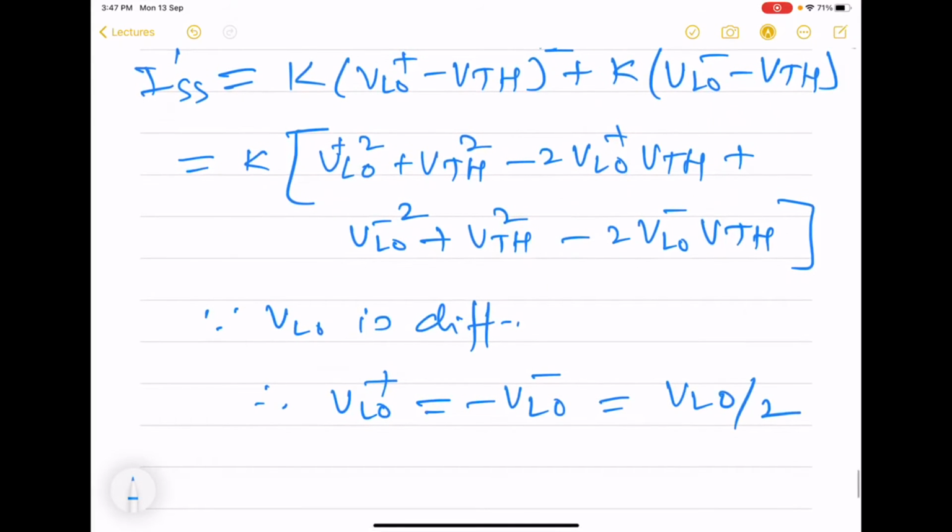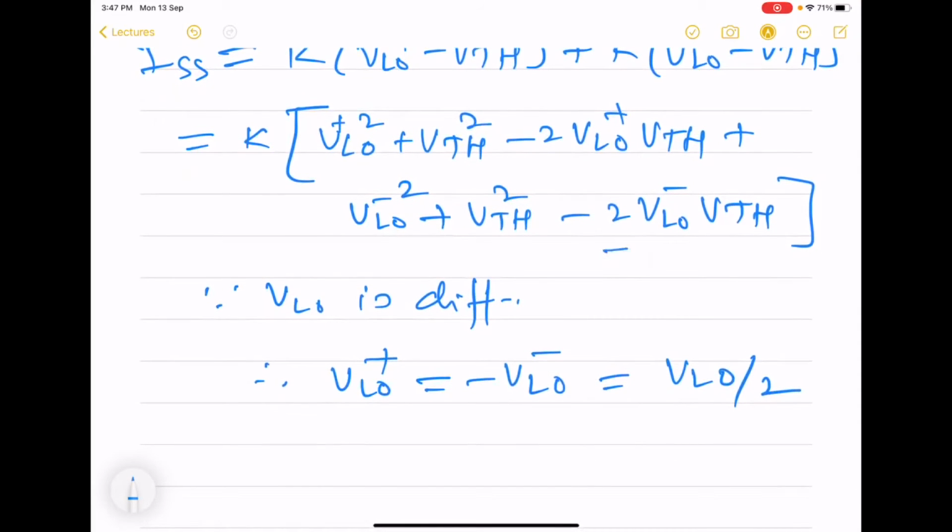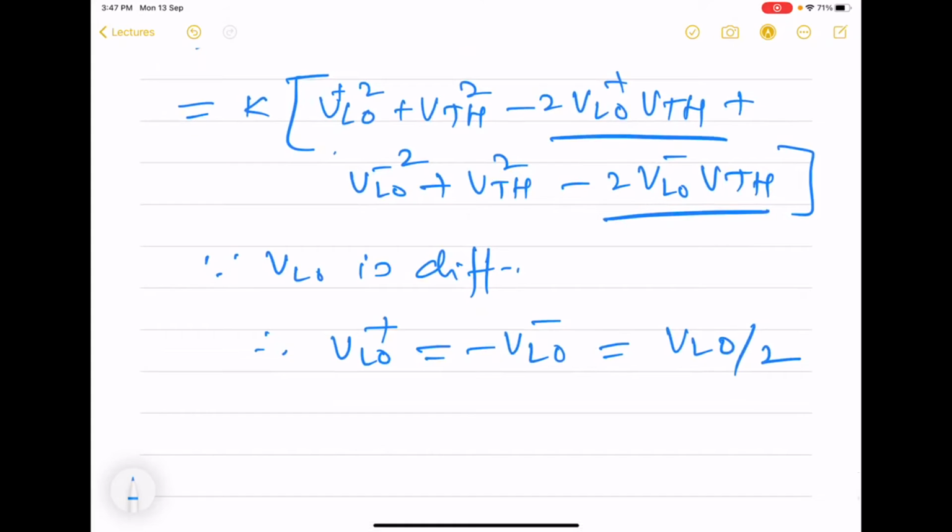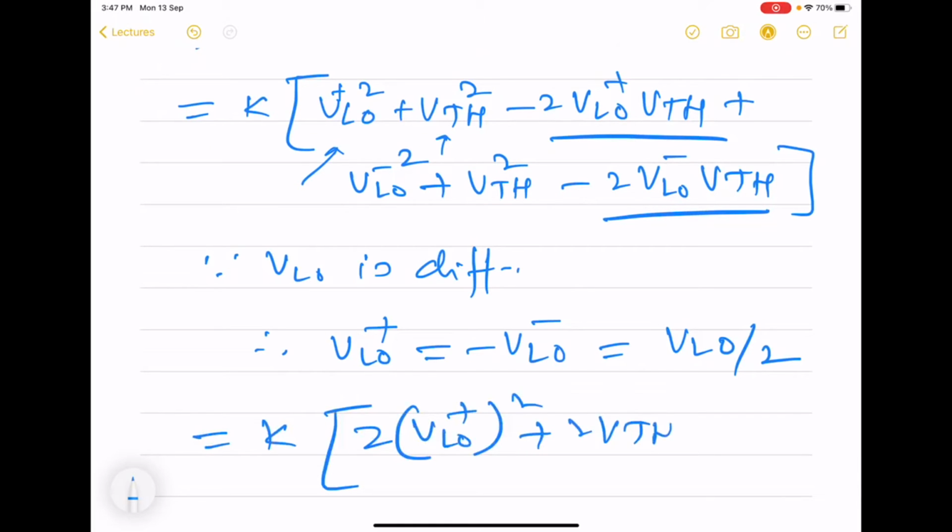So we can now make this substitution in the above equation, and that will cancel out these two terms, and what we will be left with are the VLO and VTH square terms. So we get K into 2 VLO plus whole square plus 2 VTH whole square.